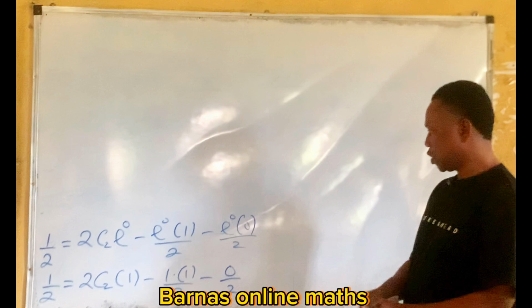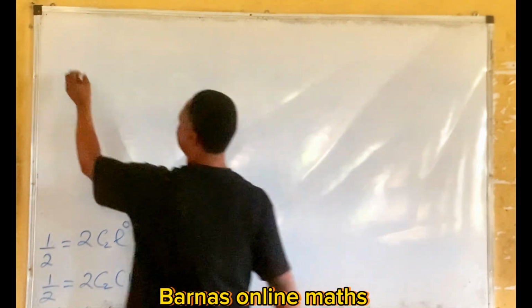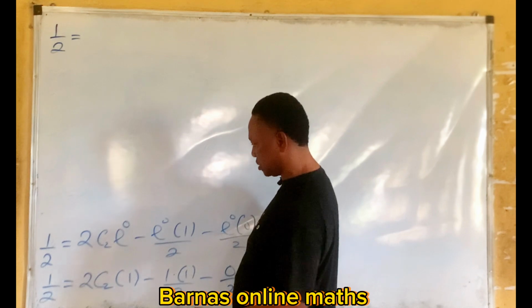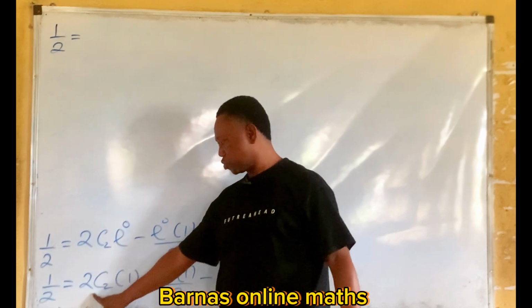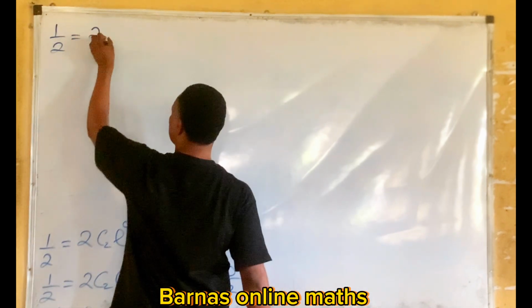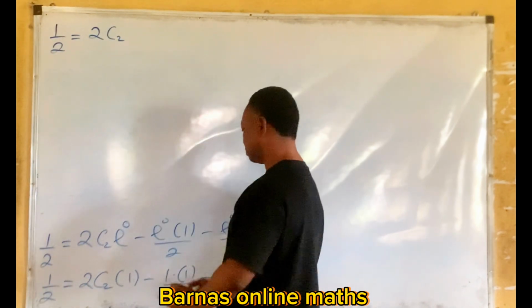Okay, so this becomes that half all upon 2 is equals to, of course, 2C2 times 1 will give us 2C2.